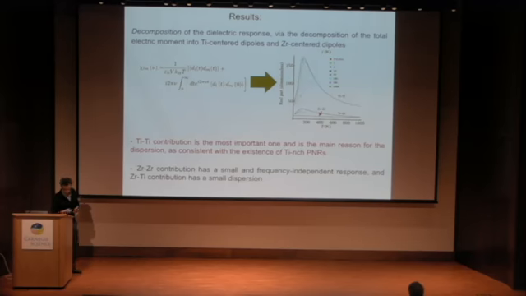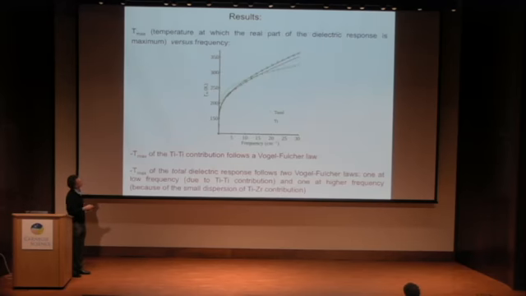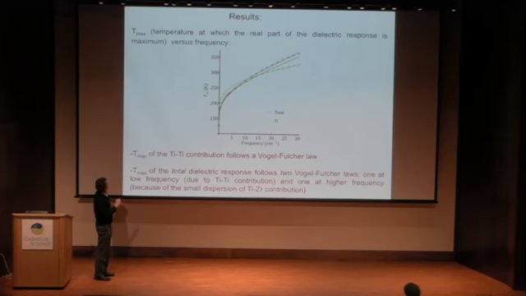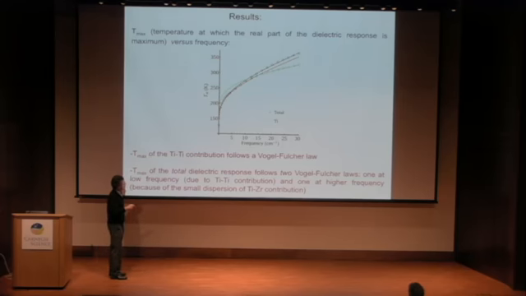And of course, you can do something else. You can also look at the temperature Tmax at which the real part of the dielectric response is maximum versus frequency. We do that for two different things. The total response is indicated here by blue circles, and the titanium-titanium response, I don't know if you can see that, is indicated here by this dark line.